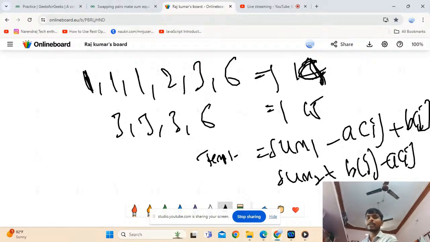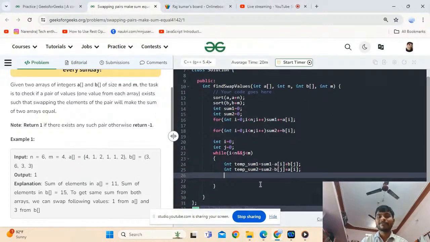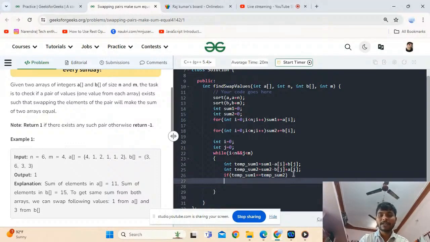I think you understand this. We are doing subtraction because we are removing that element to this. We are adding this because we are taking this element from this. So if temporary sum 1 is equal to temporary sum 2, in that case what we have to do is return 1.